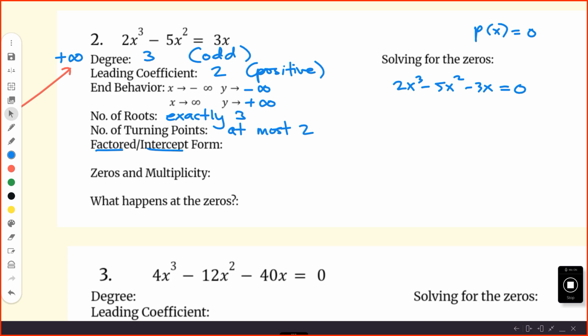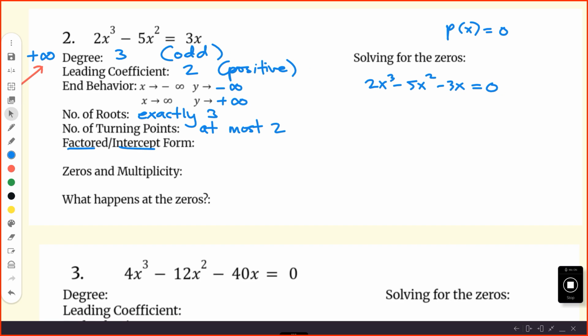Okay? Now, so we're going to factor this. This is a trinomial. So we can factor this using the AC method, right? Think of 2 numbers. But then if we can still factor by taking out the GCF, we have to do that first, right? Can we factor out a common factor? X, yes. Because 2x cubed, 5x squared, and 3x has a common factor, which is x.